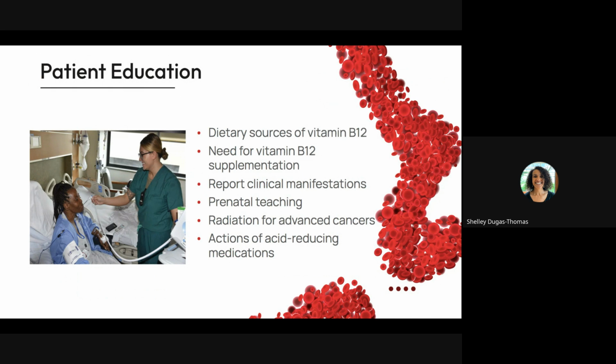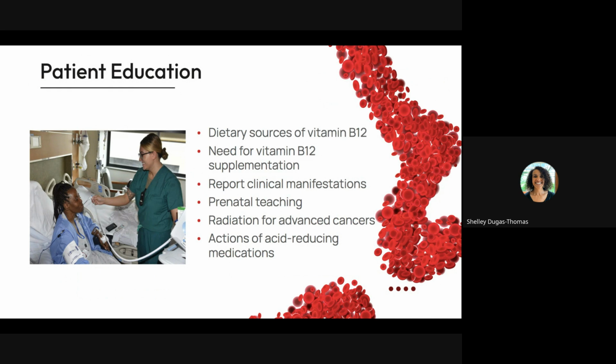supplements because of the lack of vitamin B12 in plants, especially for vegans. Patients should immediately report any clinical manifestations of fatigue, shortness of breath, numbness, and tingling. This is especially important with prenatal teaching. Pregnancy may increase the demand for vitamin B12, so they may need to have prophylactic oral supplements.